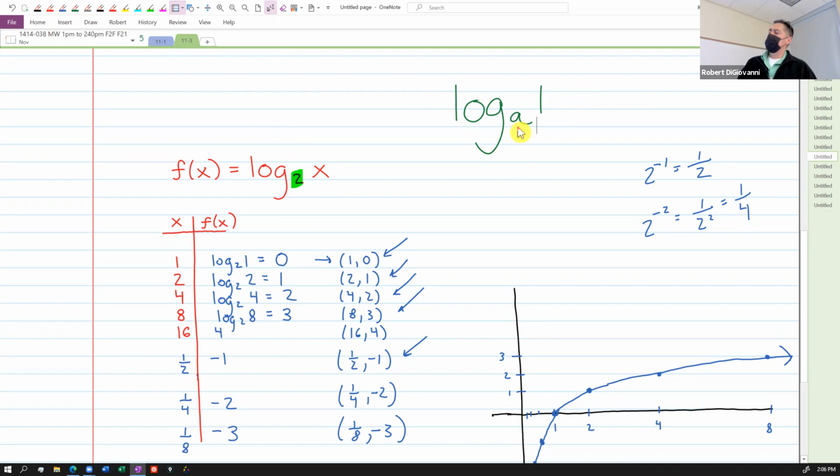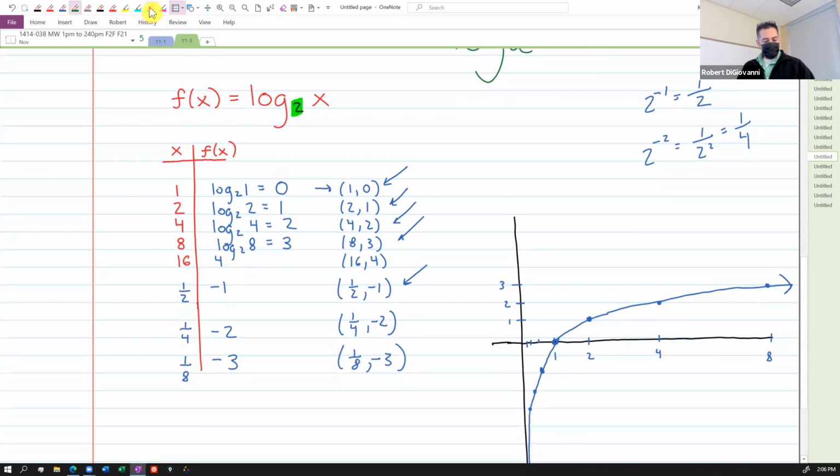A to what power is 1? 0. All the time, right? No matter what A is, this should happen. Which means that if I plug in 1, I should always get 0 for any log. Which means this point right here should be on every log function I ever graph.